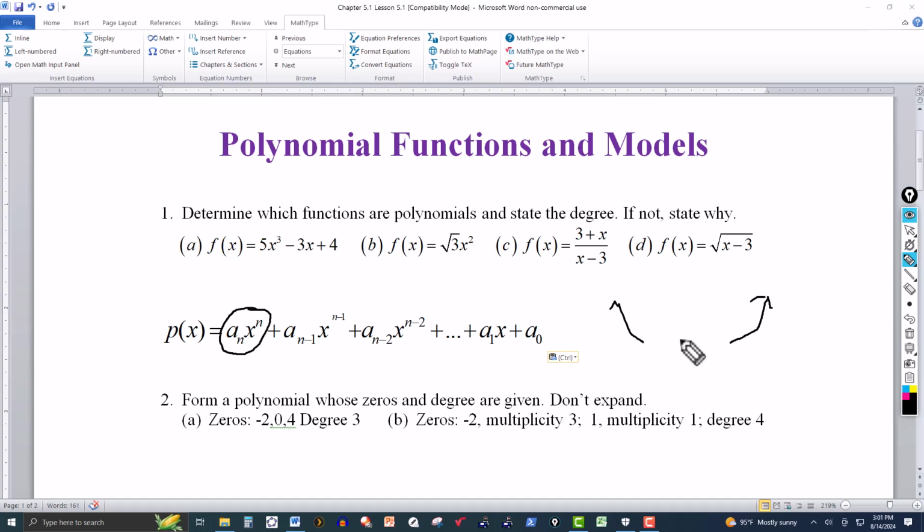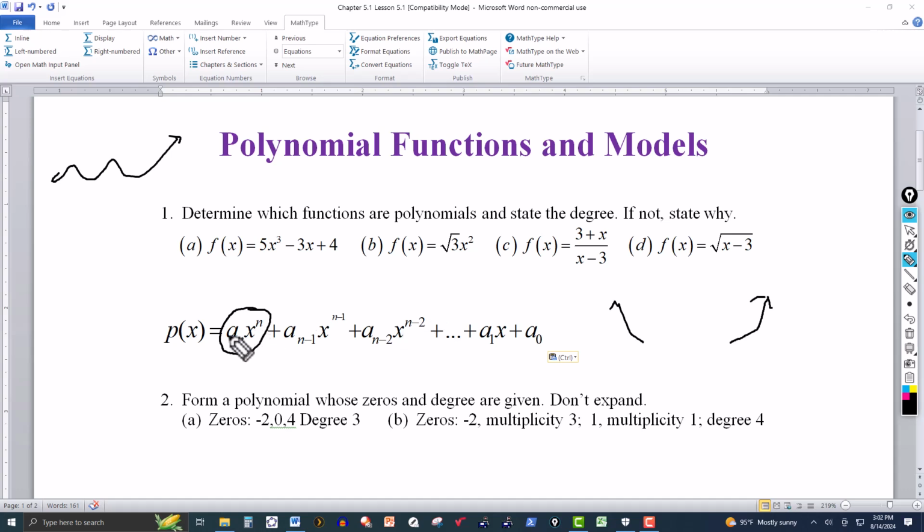Also keep in mind that the graph of a polynomial is always continuous. It has no breaks. It'll have several loops. In other words, you could have something like this, no breaks. Different than a rational function like C, that could have some breaks in the graph, vertical or horizontal asymptotes.